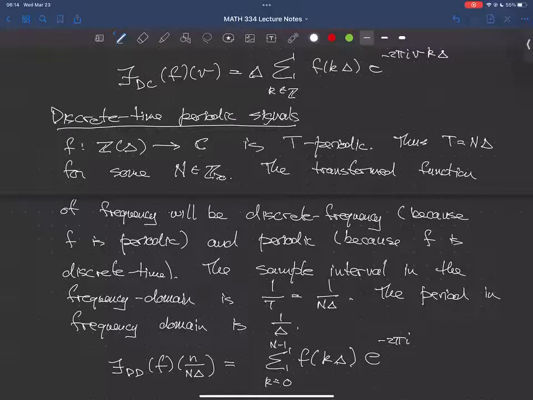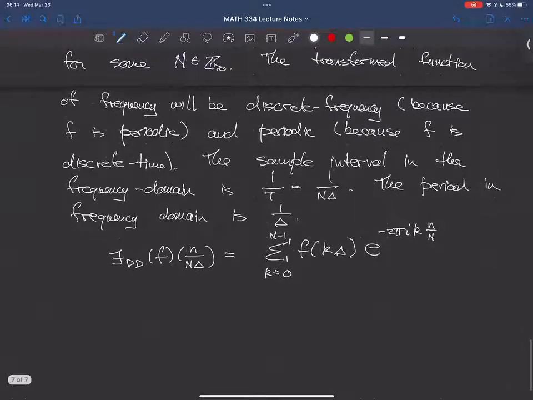So the point is, what I get is 2 pi i k n over N, because the deltas cancel. All right, so there's my fourth Fourier transform, the discrete Fourier transform. And the only other thing I need to bookkeep is that whenever I have a sum in Fourier theory, I'm going to put the sample interval out front.